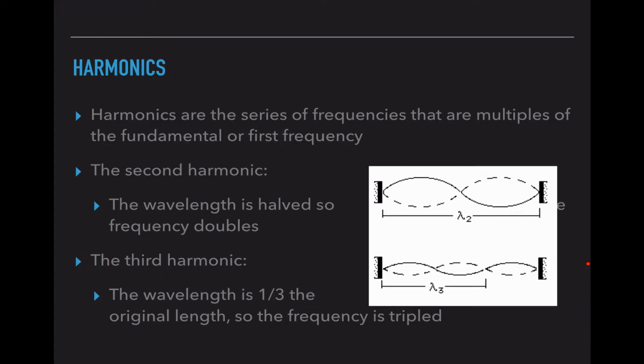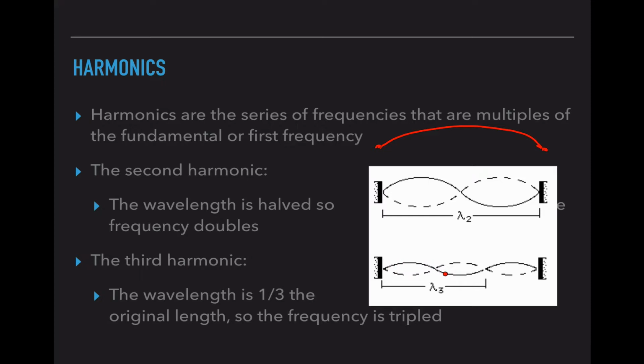Specifically, in the second harmonic, the wavelength is being halved, so your frequency doubles. On the previous slide, this string had only half of a wave in the picture, so the wavelength would have been 2 strings. The wavelength goes down by half, so the frequency is going up by 2.